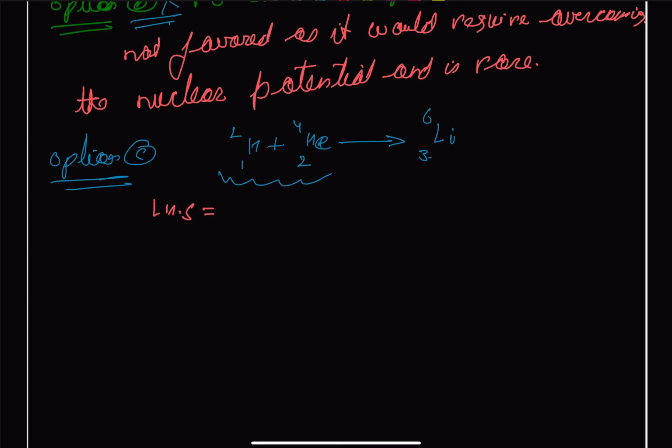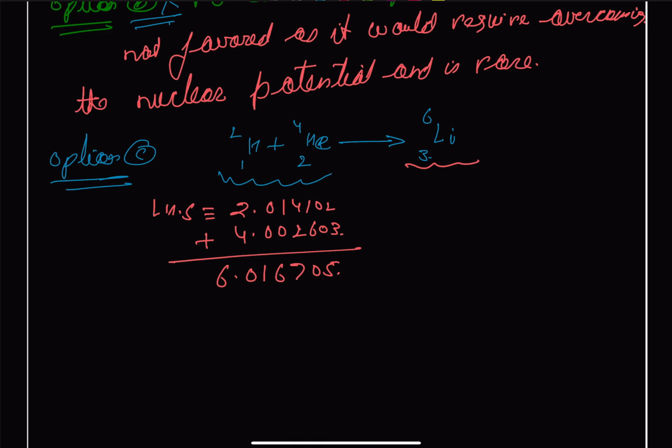Our left hand side will be 2.014102 plus 4.002603, and their summation will be 6.016705. From the right side we have only one possibility, so our RHS is equal to 6.01513.